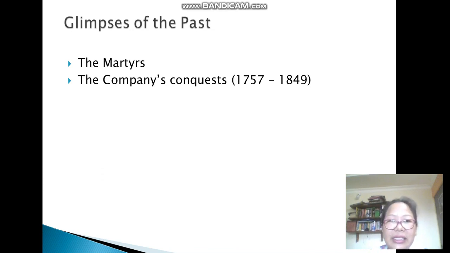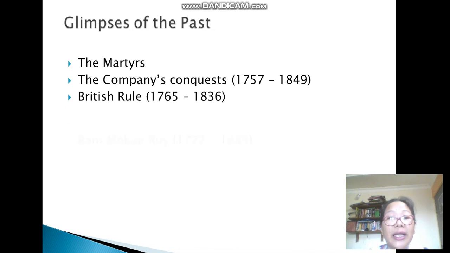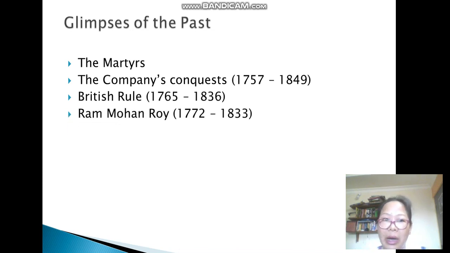And your lesson is divided into 9 different parts. Mainly you can say these are 8 different parts. The company's conquest, which we have discussed yesterday. British rule, what happened during British rule, and how did they start taking control, what was the condition of the society, how was the Indian society at that time, what were the challenges in the society.